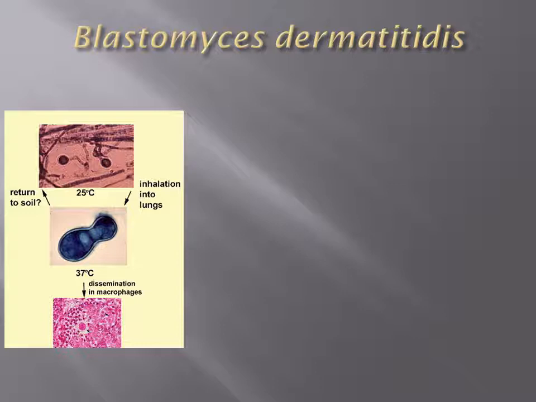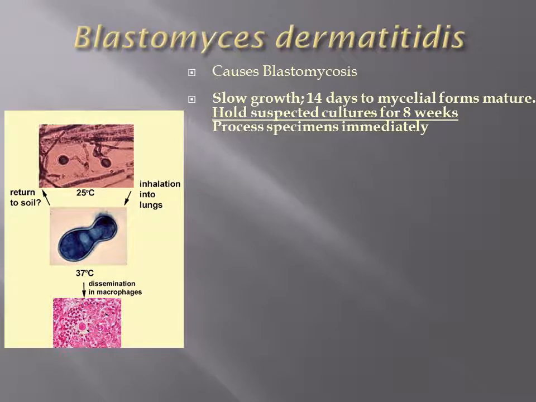We're leaving cocci behind and looking at an organism known as Blastomyces dermatitidis. This organism causes blastomycosis. This is a slow grower. We want to make sure the plates are held for a full 8 weeks if the physician suspects blasto. Because it's such a slow grower, it is doubly important that specimens coming into the lab are processed immediately.